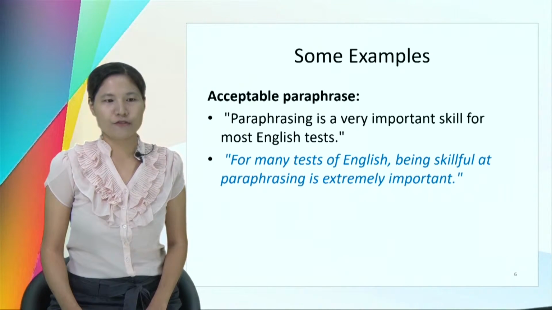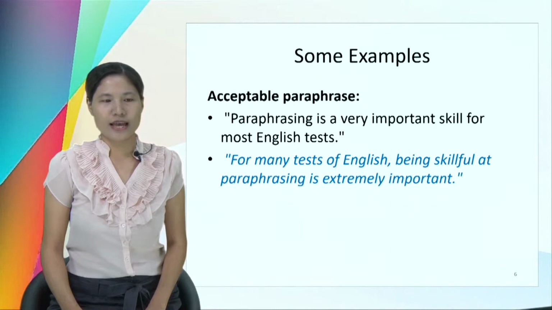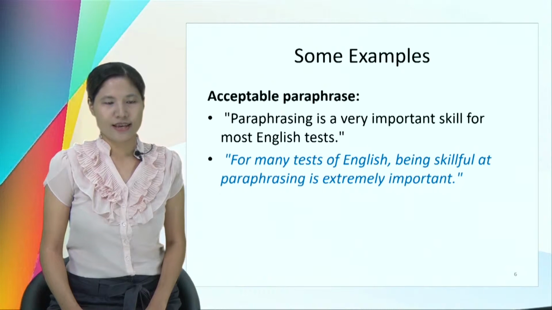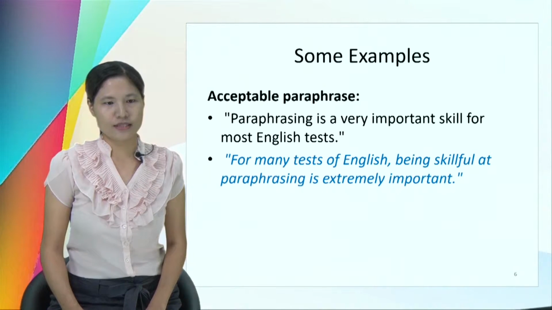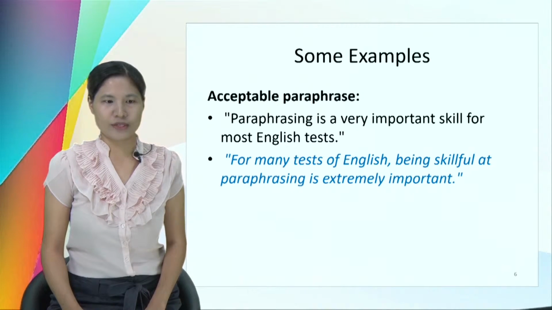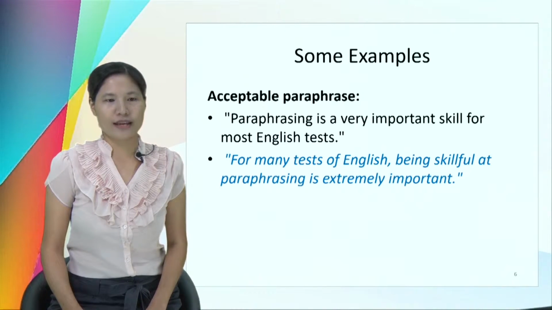So in the first line, we have paraphrasing is a very important skill at the first part of the sentence. But in the second sentence, you can see we put that in the second half of the sentence. Being skillful at paraphrasing is extremely important. Then we reverse the sentence, 把资讯换成不同的顺序。Then you can also find different parts of speech, 不同的词性。For example, when we say English tests, here we use tests of English.